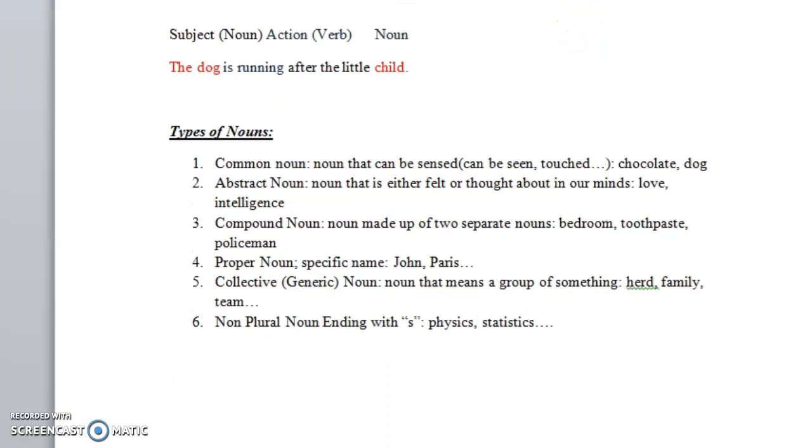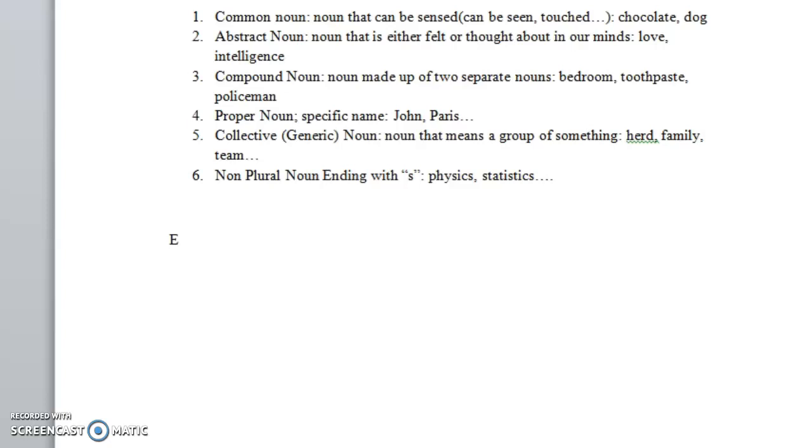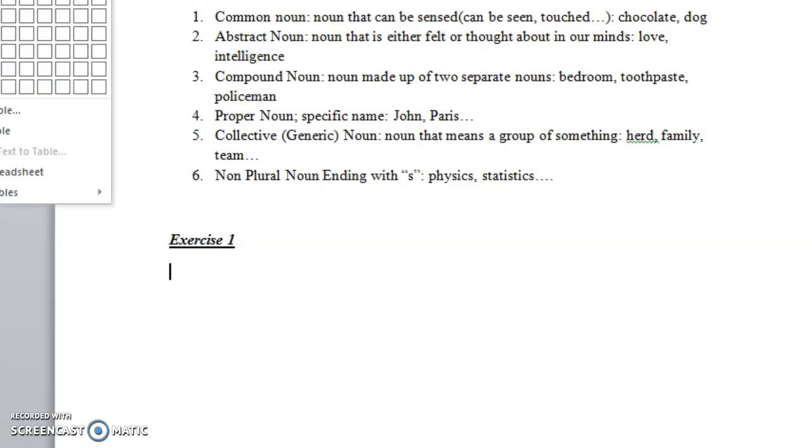Now we will take an exercise about this part. So what I want you to do, I want you to first copy this table on a paper, on your copybooks, whatever you want. So we have this table.